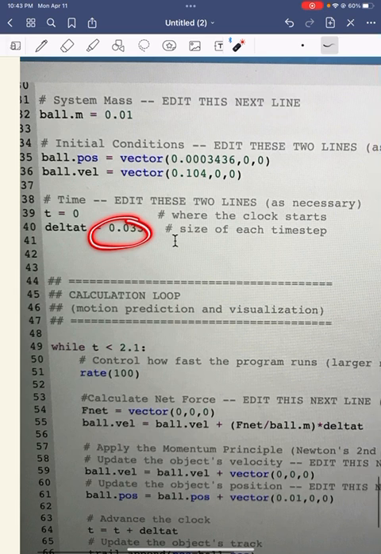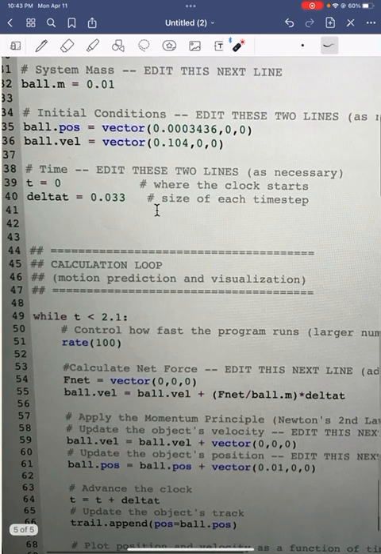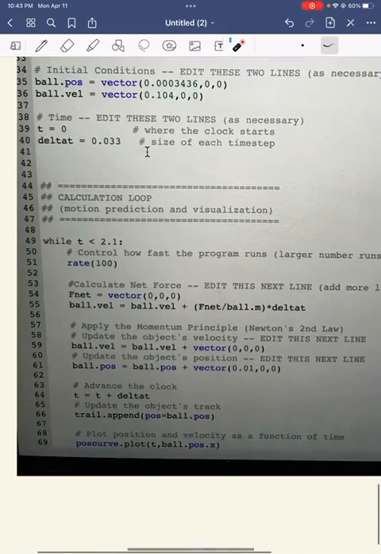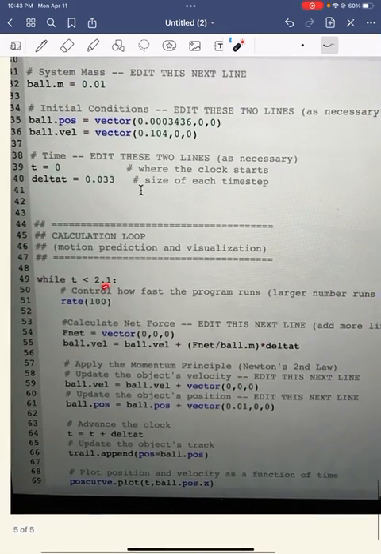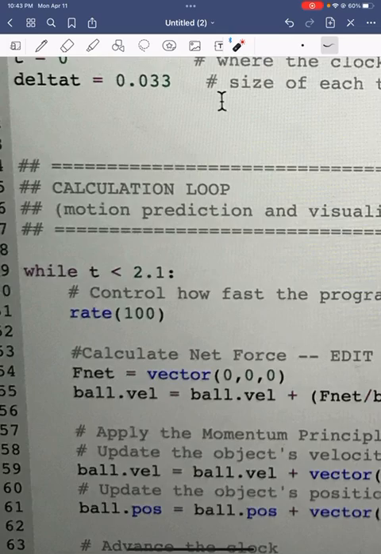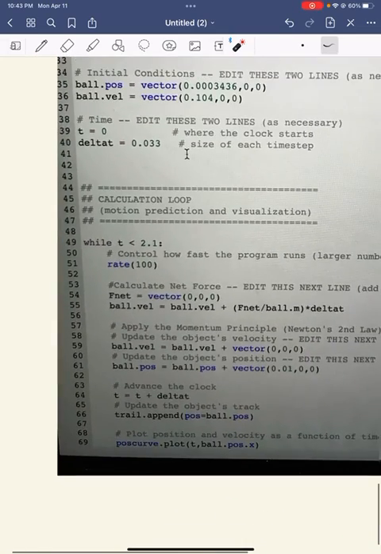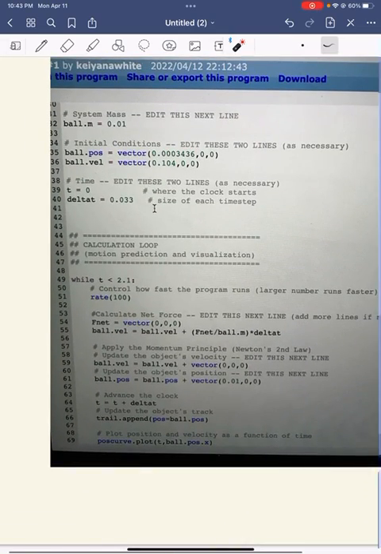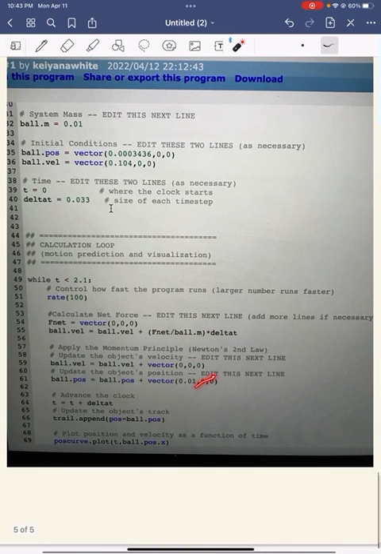I updated the timestamp: instead of 0.01, 0.33, with the clock stamps at 0. And since my final time was 2.1 seconds, as long as t is less than 2.1 seconds, everything will be calculated. I then updated the net forces, which were 0, and here's the Newton's second law equation, and the momentum principle, and the position.